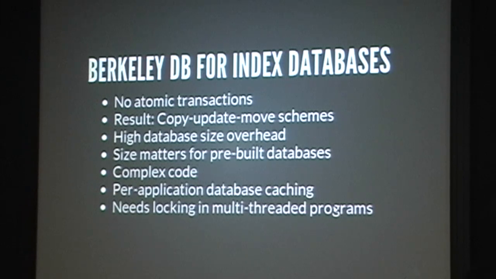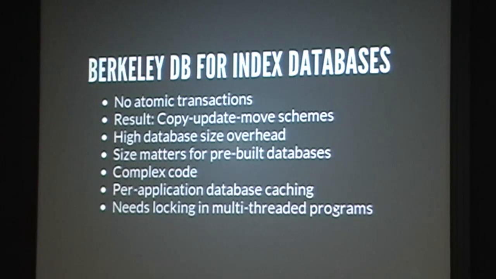So let's come to the last part of my presentation. We have a lot of places in NetBSD where we are using the Berkeley database as an index database, for example for etc/passwd or etc/services and so on. There are a number of limitations that are problematic.